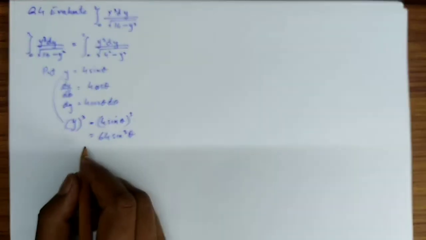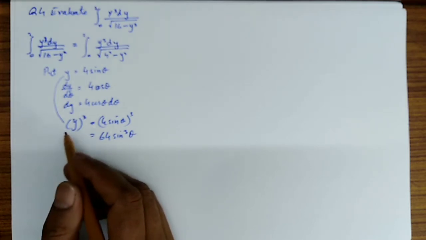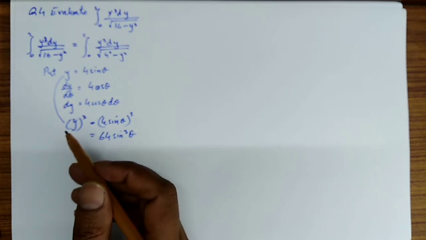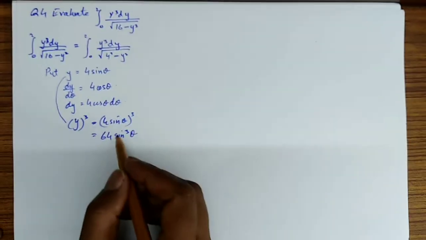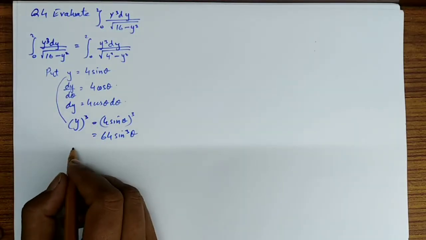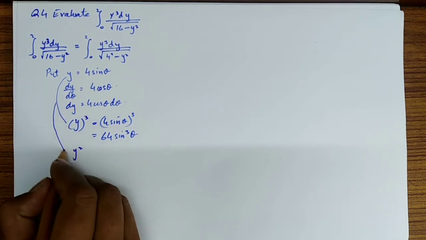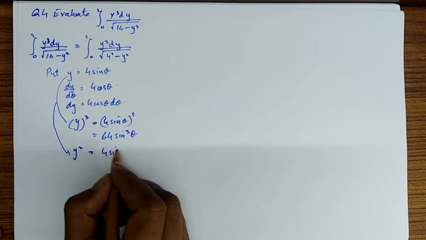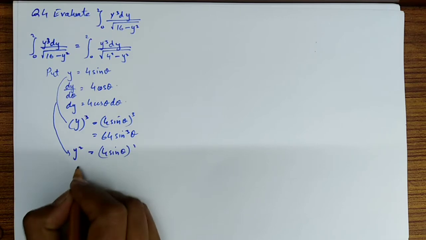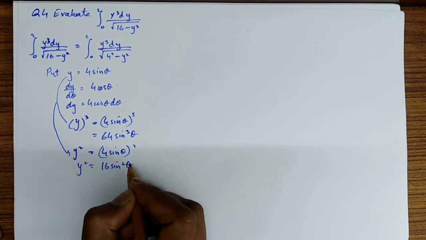Now putting this value of y cube, and y square is equal to 4 sine theta whole square, so y square will be 16 sine square theta.